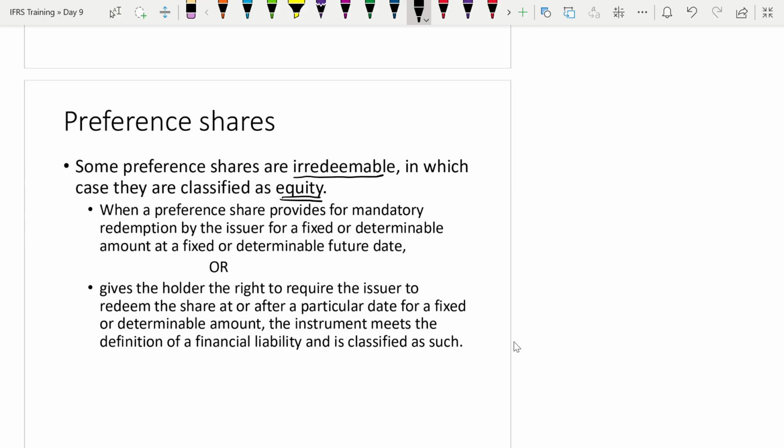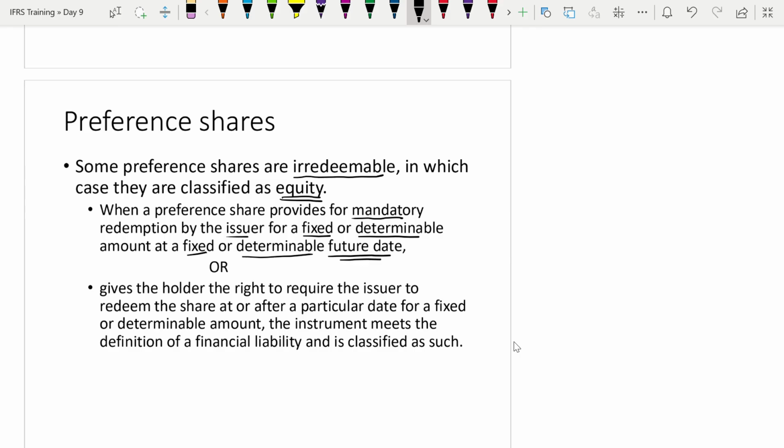Where preference shares provide for mandatory redemption by the issuer, for a fixed or determinable amount at a fixed or determinable future date, they are very clear about this.